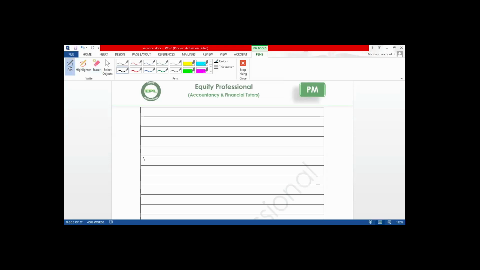We have explained direct material cost variance. We have explained direct labor cost variance.